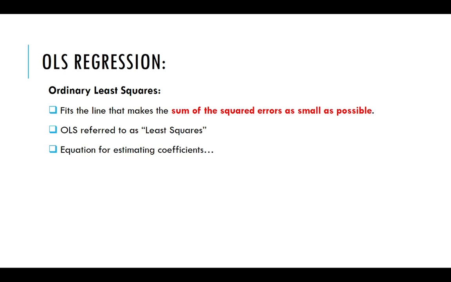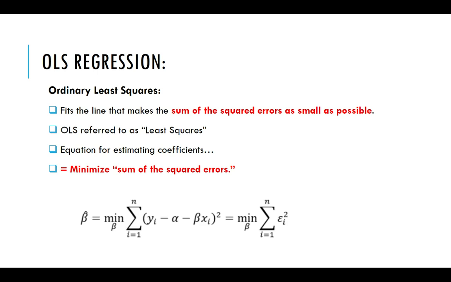So we have an equation for estimating these coefficients. The equation for estimating the coefficients when we use this statistical technique is simply minimizing the sum of the squared errors. That's all we're doing. Now, trying to do that by hand would be very hard, but for a computer, this is not a very challenging task. So here's our equation, and I know it looks like a lot, but gang, this is super easy.